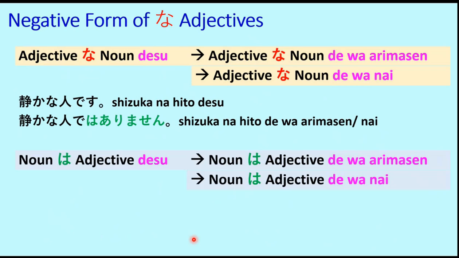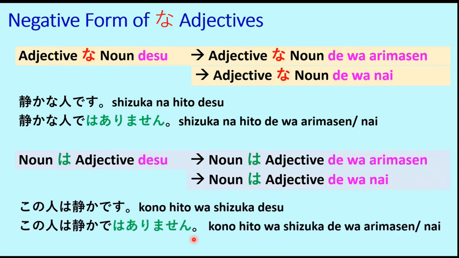Now the na adjectives can be used the other way around as well. For example, noun wa adjective desu. In this case, again, it remains the same: noun wa adjective dewa arimasen, noun wa adjective dewa nai, noun wa adjective ja arimasen, noun wa adjective ja nai. The same example: kono hito wa shizuka desu.